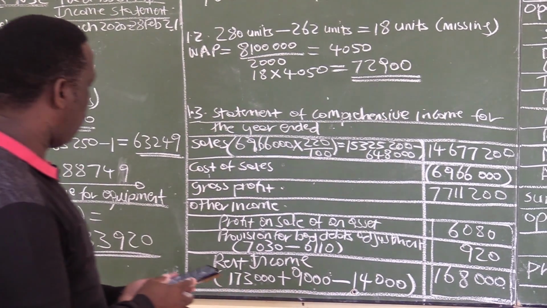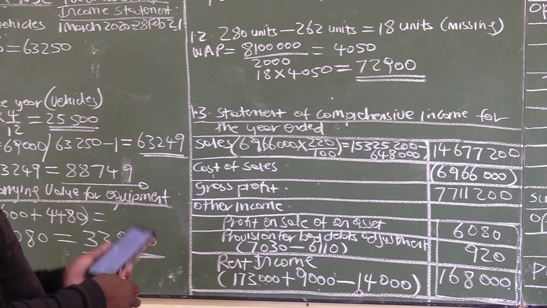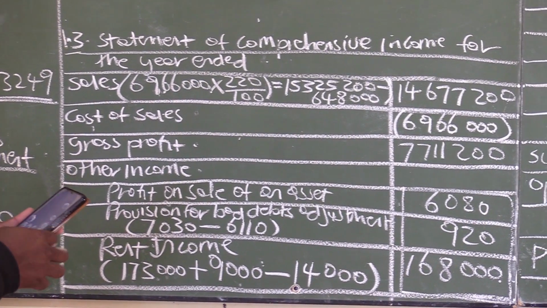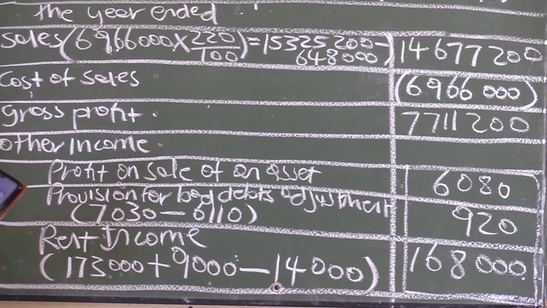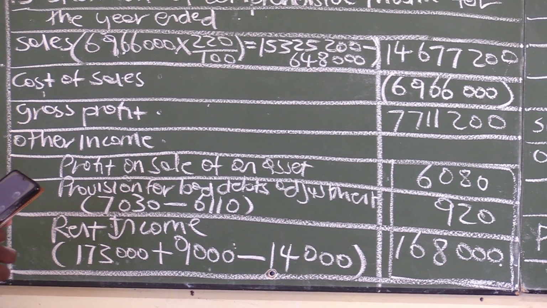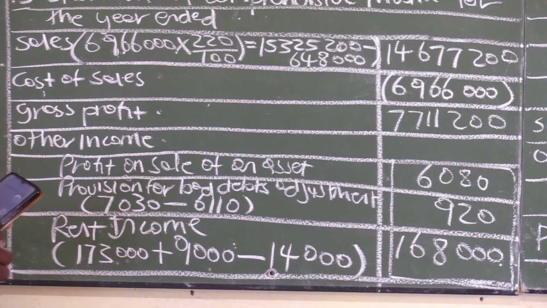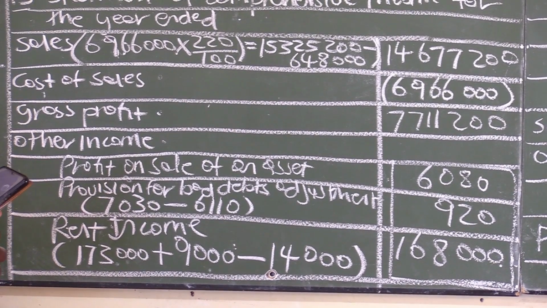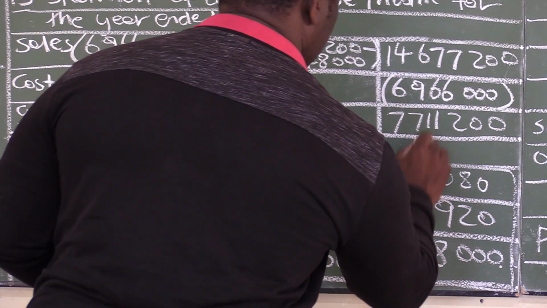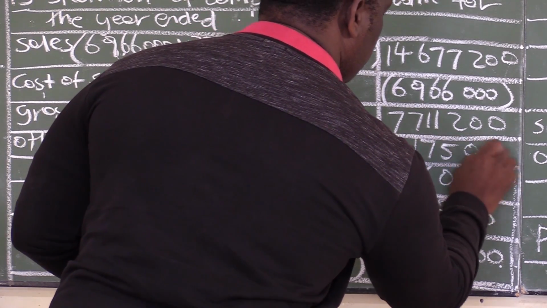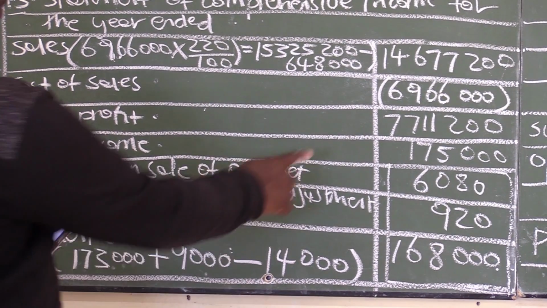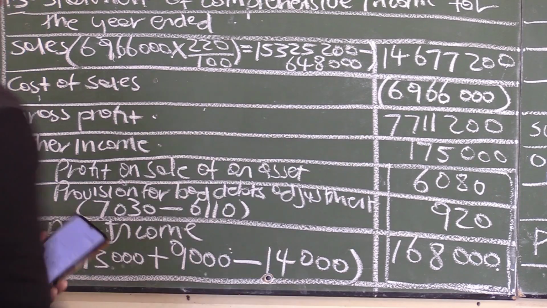Let's start with the total for other incomes. We have 6,080 plus 920 plus 168,000. We have 175,000. And then we say gross profit plus other income.